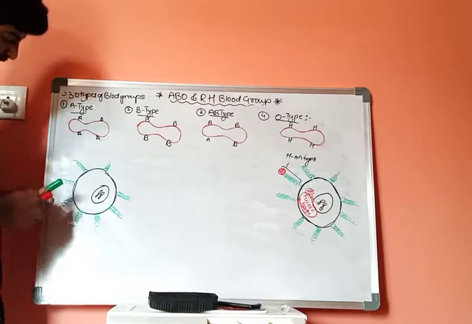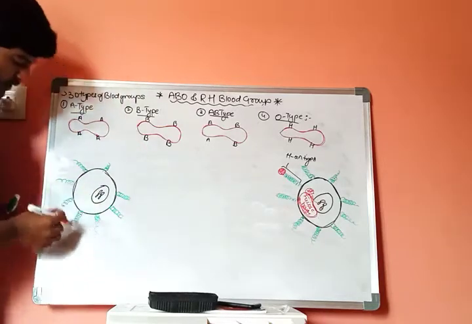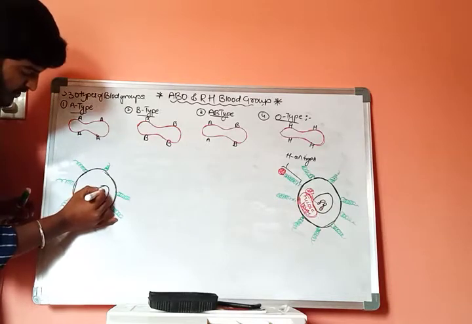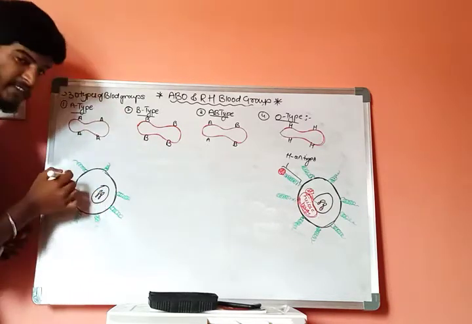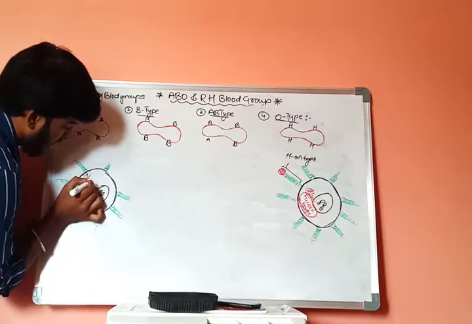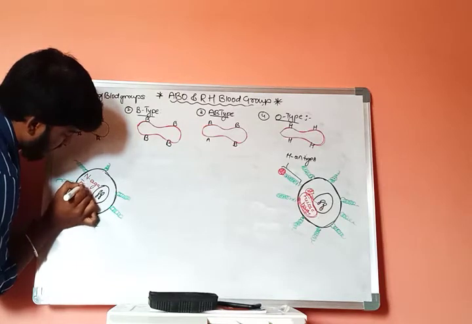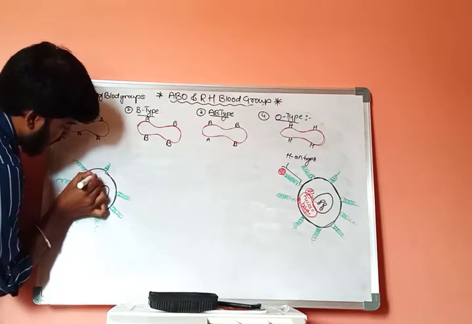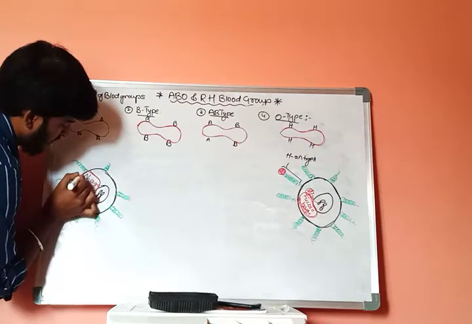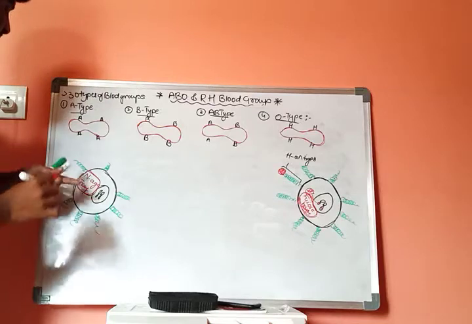And this ninth pair of chromosome contains a special type of gene which results in production of the enzyme called N-acetyl galactosamine transferase.